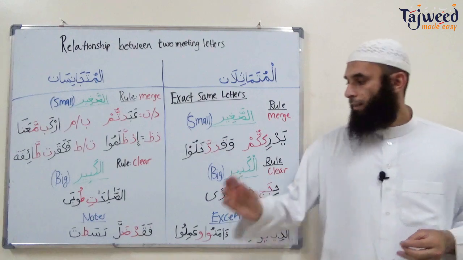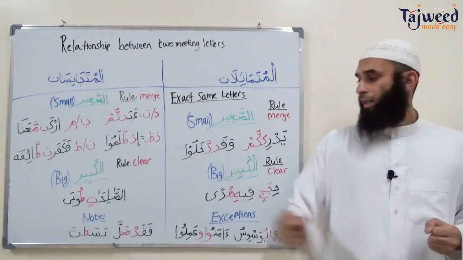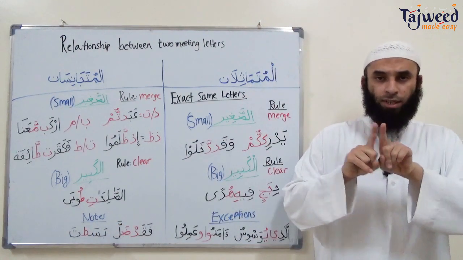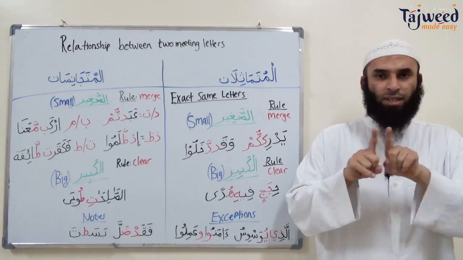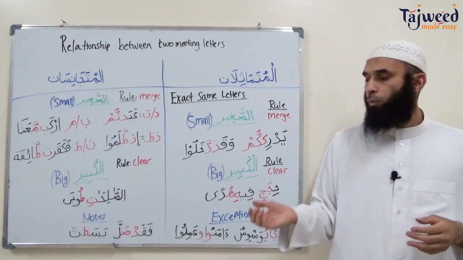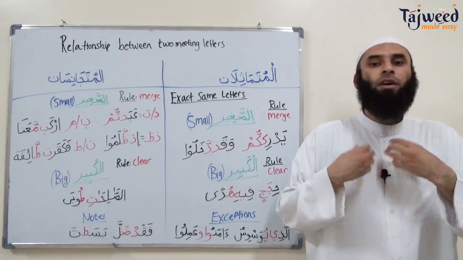Another word, for example, لَئِن بَسَطْتَ. The word basatta has a ta and a ta. They have the same makhraj point but different sifat. One of the differences is that ta is from the heavy letters. So when we merge, we have to show that characteristic of heaviness.